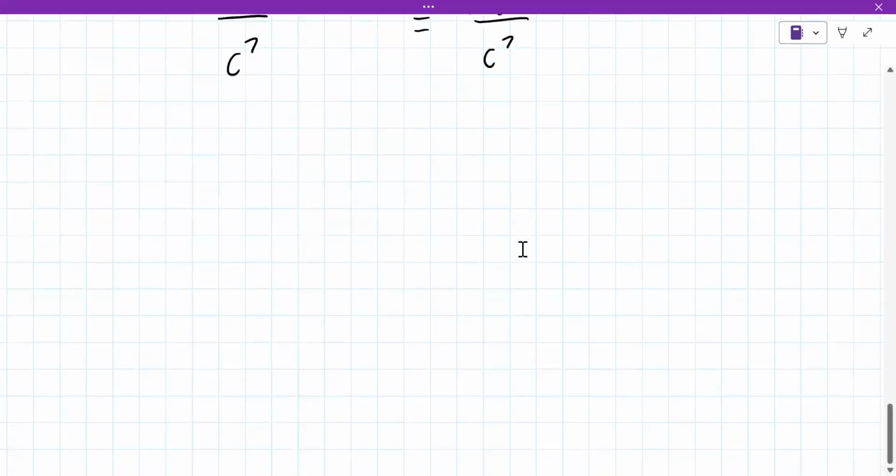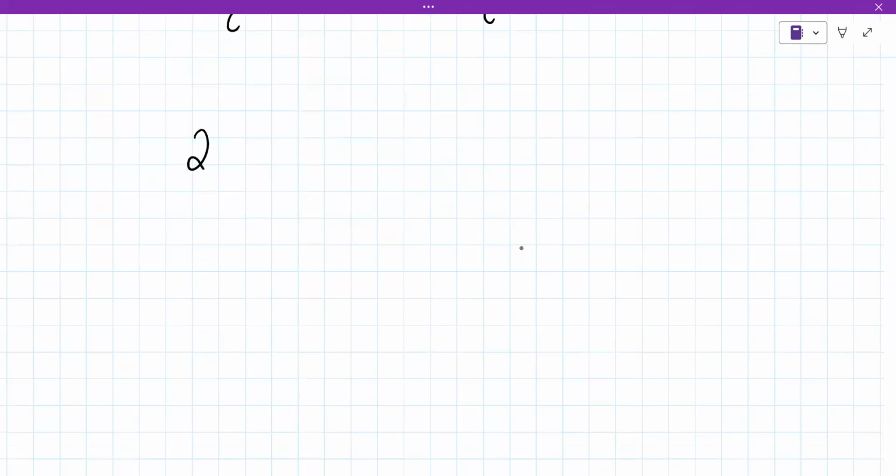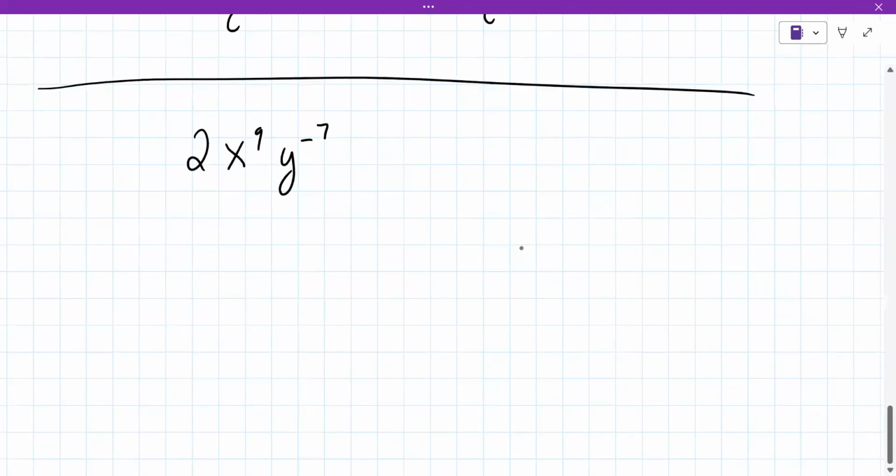Okay, let's try another one here. Let's say it's 2x to the 9th, y to the minus 7. What does this become? 2x to the 9th over y to the 7th.